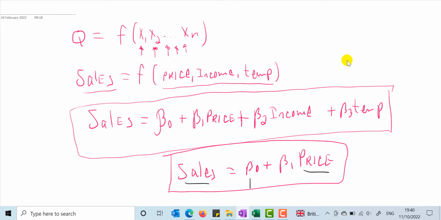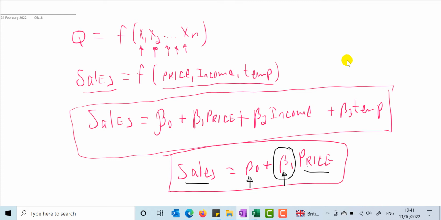We will be estimating beta 0 and beta 1, and we will be focusing on the value of beta 1 and its statistical significance, because it measures the partial effect of price on sales, or it tells us by how much sales changes when price changes by, let's say, $1. So maybe we could say that when the price increases by $1, the sales changes by beta 1 units.